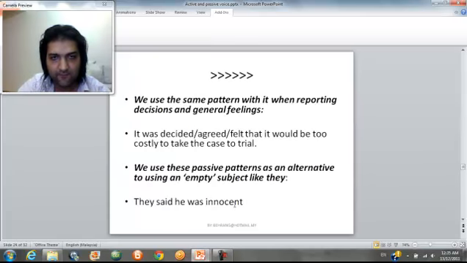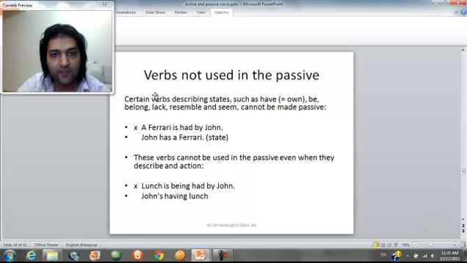Sorry. So here we have verbs not used in the passive. Some verbs are not supposed to be used in the passive. Certain verbs describing states, which we call stative verbs, such as have, when it means own, be, belong, lack, resemble, and seem, cannot be made passive.